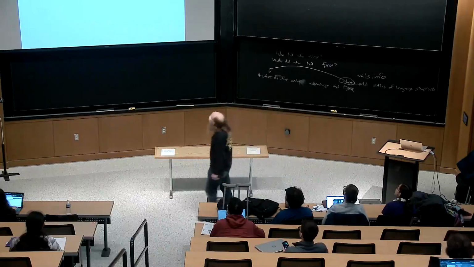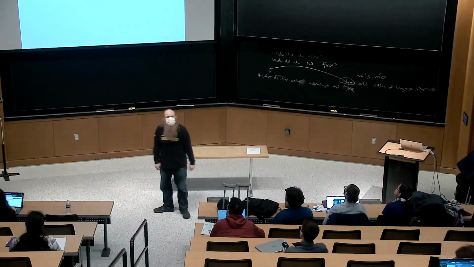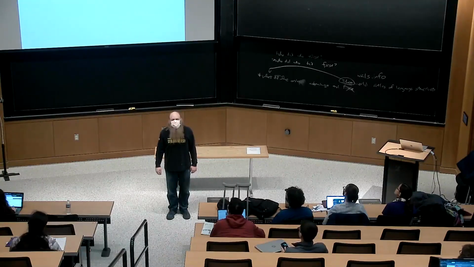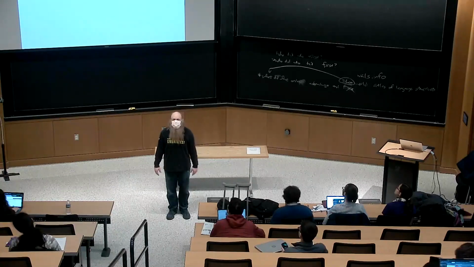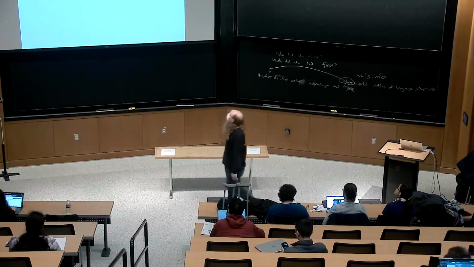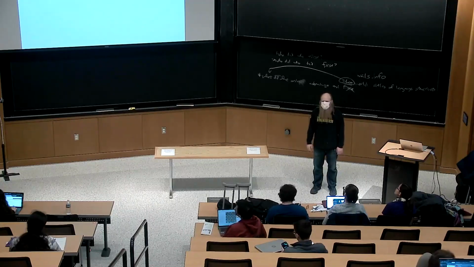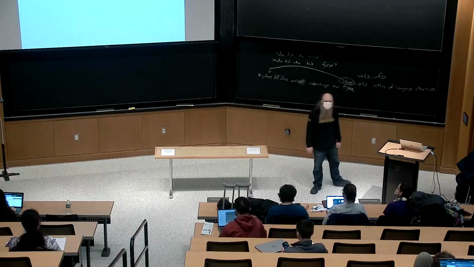Well, I turned Fred into a WH word, zap. Now Fred is who, and I moved who out of the embedded clause into the matrix clause, right? Who do you wonder what Bill gave to? Where the answer is, well, I'm wondering what Bill gave to Fred, right? It ought to be able to mean that, but it really can't. There's something badly wrong with this sentence.